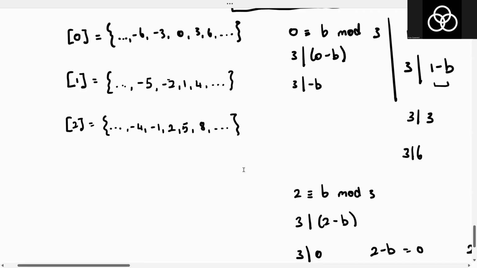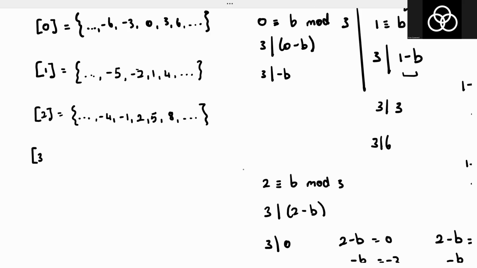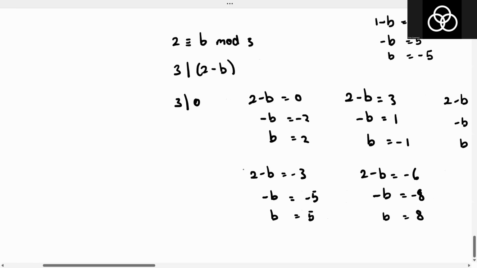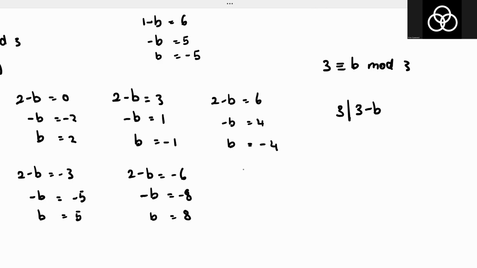So when we reach the equivalence class of 3 now, what happens here? 3 is going to divide 3 minus B, right? Because we want 3 congruent to B mod 3. So for this to be a multiple of 3, 3 minus B is equal to 3. Well, minus B is just 0, so B is 0.